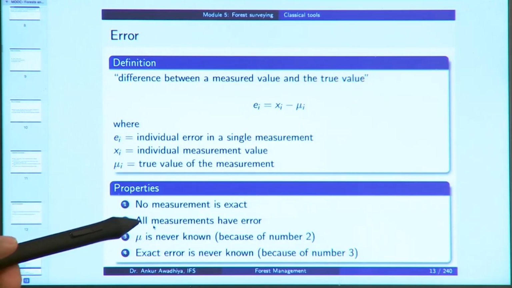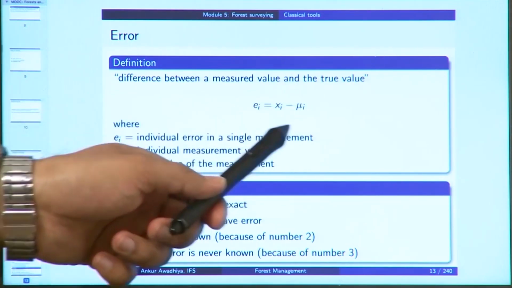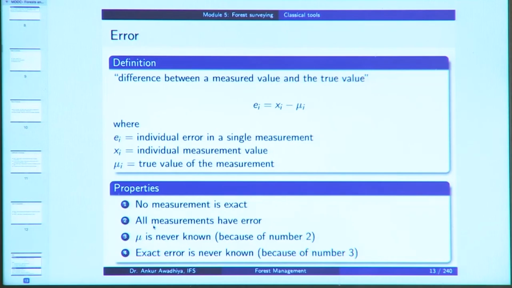Now, if you do not know the true value, you also cannot know the exact error, because your definition of error involves this true value, and you can never measure the true value, because even if you are trying to measure the true value, there will be certain errors involved. So, we try to take measurements in a way that the relative differences between the measurements cancel out the errors.